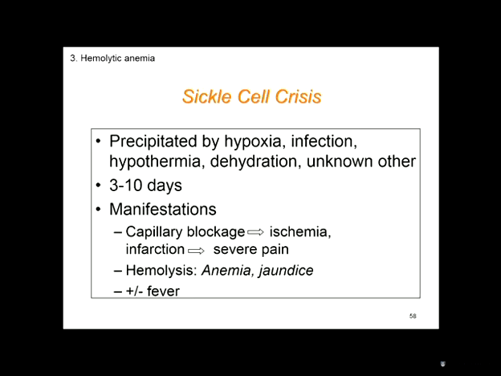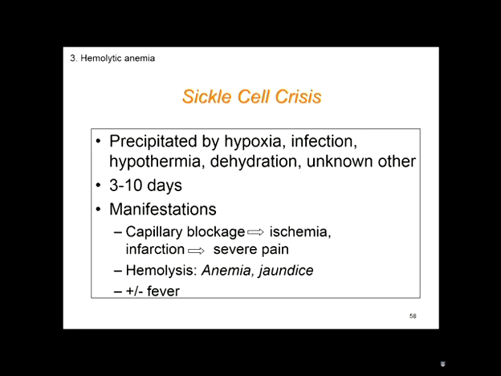And then there are other things that we don't even know about. There are a number of things that can precipitate the crisis. Sickle cell crisis is a major problem. And by the way, the case that I posted from New England Journal of Medicine is a description of one of such crises: a 22-year-old man with sickle cell anemia who had a crisis that led to infarcts in the brain.